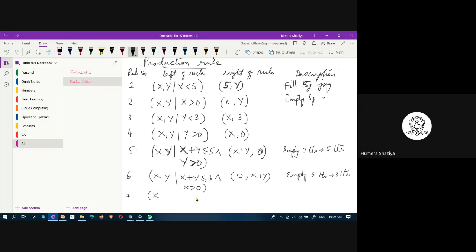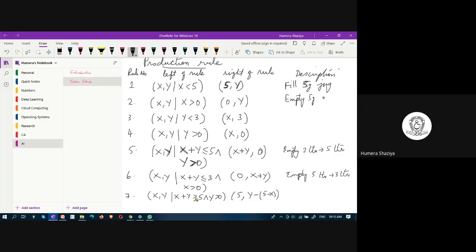The seventh rule states that there is (X, Y), 5 liter and 3 liter jug such that X plus Y is greater than or equal to 5 and Y is greater than 0, which implies that there is 5 liter water in the 5 liter jug and (5, Y minus (5 minus X)).